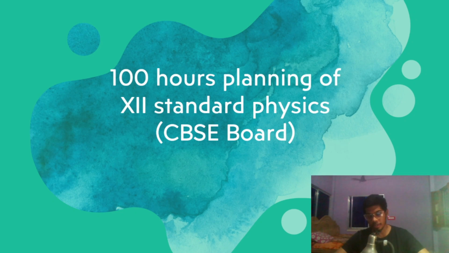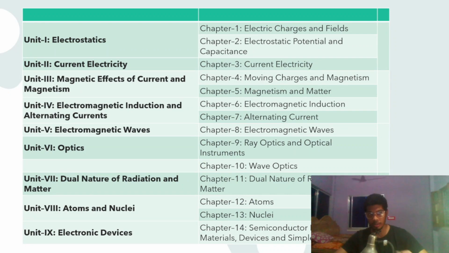And what is basically the syllabus? Here is the syllabus. As we can see, there are 9 units and 14 chapters, each including various topics.